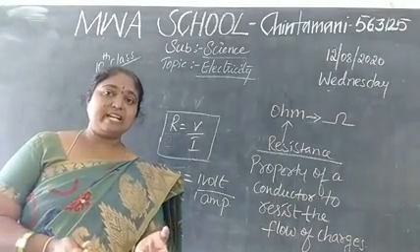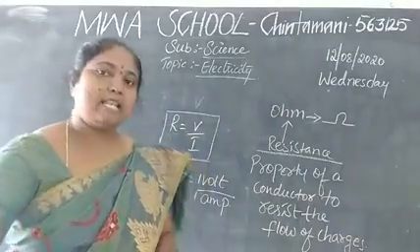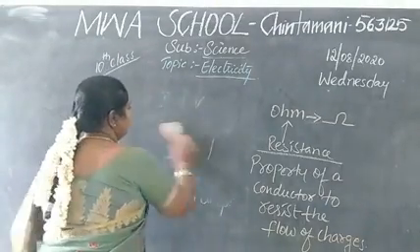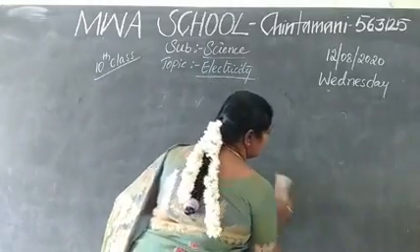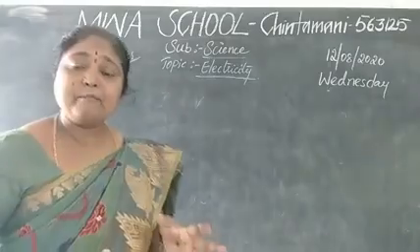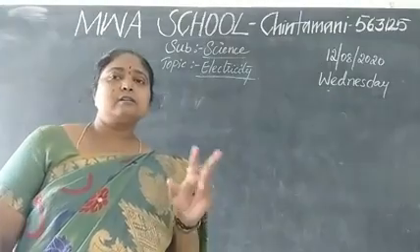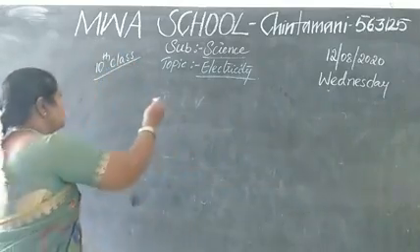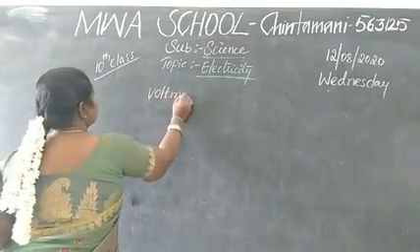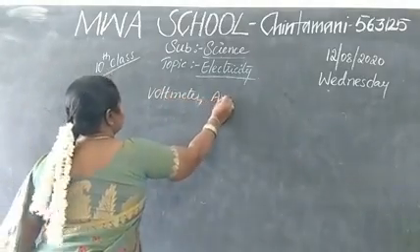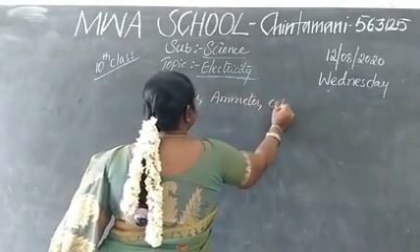So for this, let me see one activity for Ohm's law. In this activity, we need one ammeter, one voltmeter and one nichrome wire. We have to take 3 cells. What is that, children? We want one voltmeter, ammeter, cells.